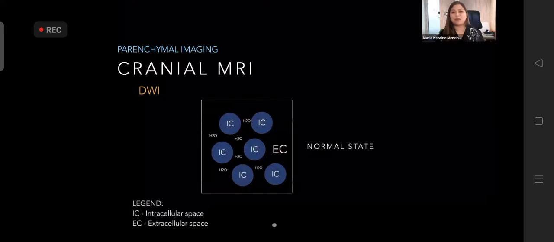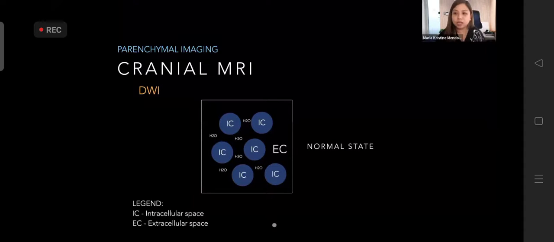So just to give you a brief overview of how the signal of infarct comes about in DWI. In the normal state, as you can see here on the screen, there would be the extracellular space and there would be the cells in that particular compartment. And in the normal state, water would move freely in the extracellular space. But with ischemia, there would be injury to the sodium and potassium pump in the cell membrane.